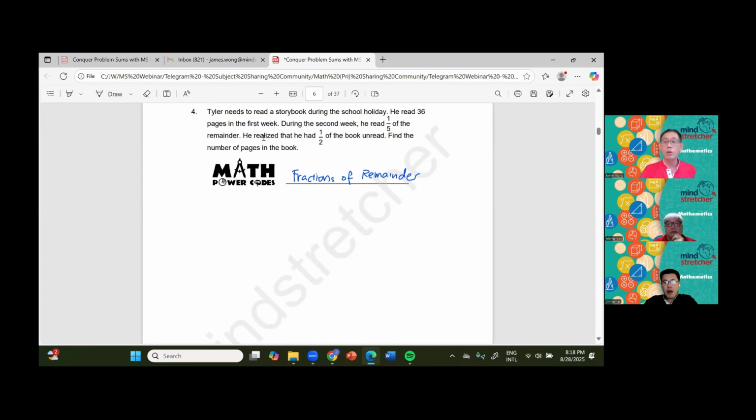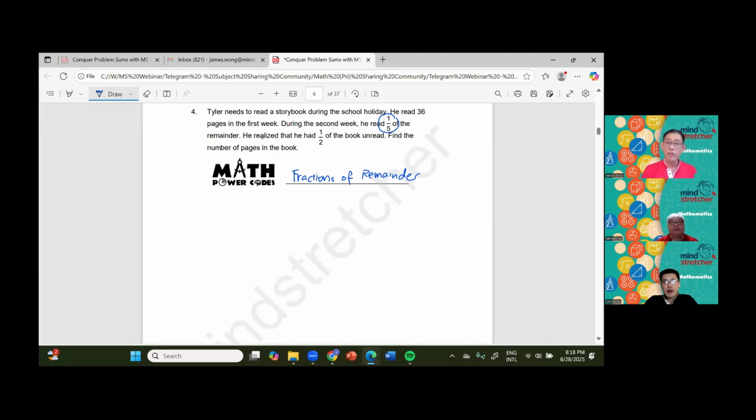So I know that after the person has read 36 pages, I will divide the remaining amount into 5 equal parts, because this information tells me that he read 1/5 of the remainder. So the remainder, I divide into 5 parts, and this person read 1/5 of it.